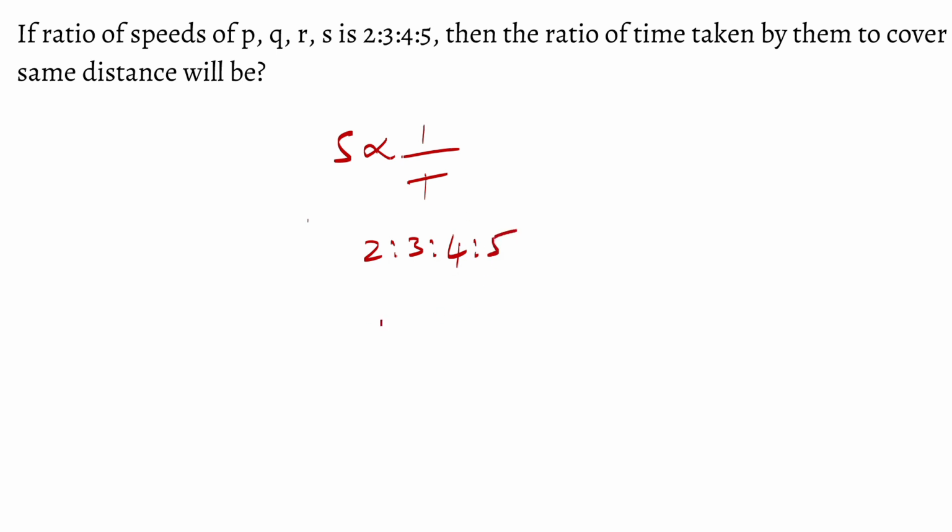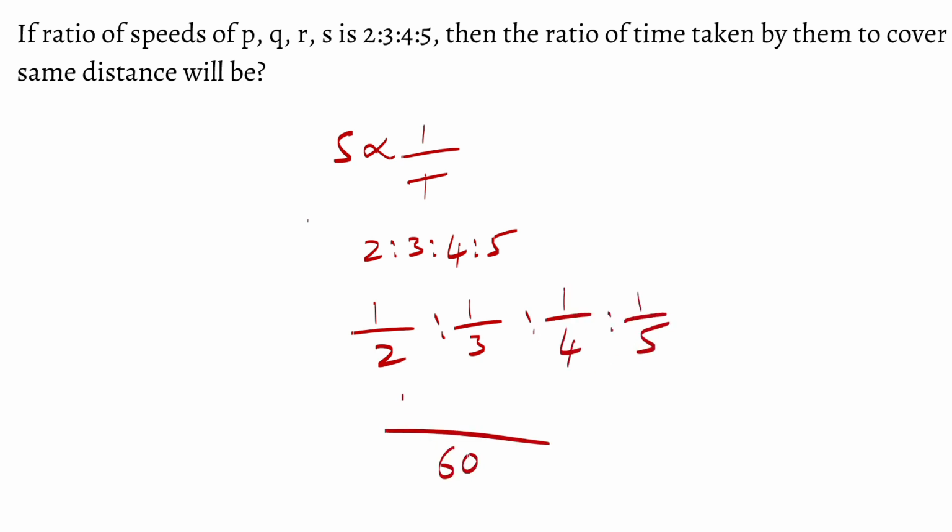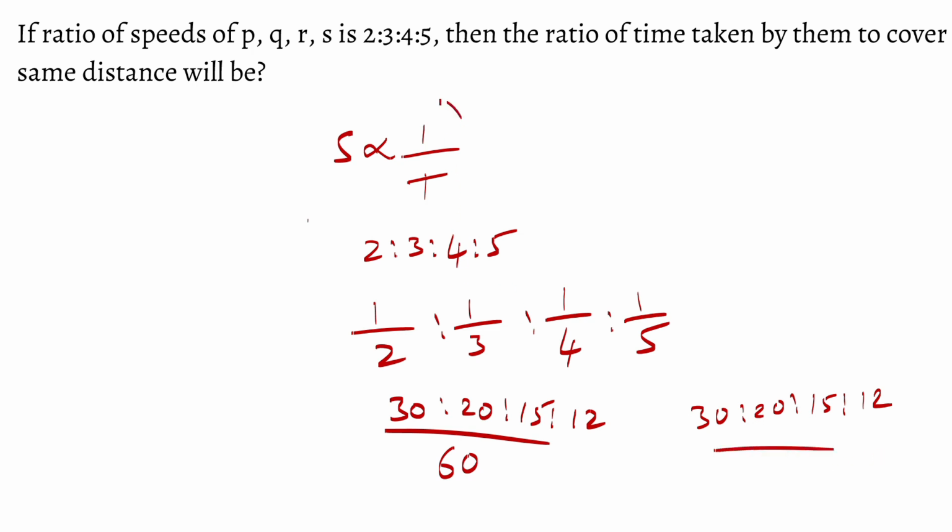As speed is inversely proportional to time, we have to take the inverse ratios: 1/2, 1/3, 1/4, 1/5. Take the LCM, we get 60. So the ratio of time taken by them to cover the same distance will be 30:20:15:12. Just this relation is important.